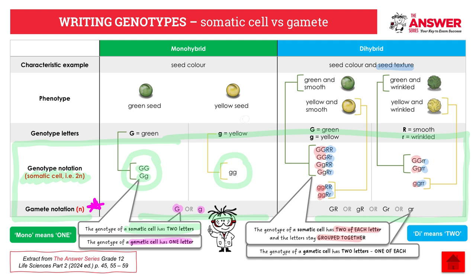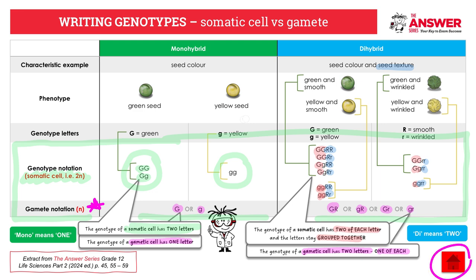But when we look at the gametic cells within a dihybrid cross, they will carry 2 letters because it's a letter per characteristic. That sperm cell that's produced during spermatogenesis will carry an allele for seed color, and that could be either green or yellow. It will also carry an allele for seed texture, which could be wrinkled or smooth. So note that there are 2 letters, one of each.